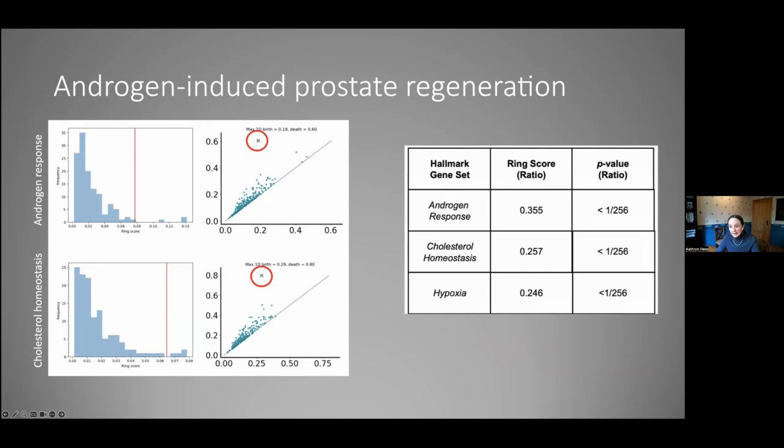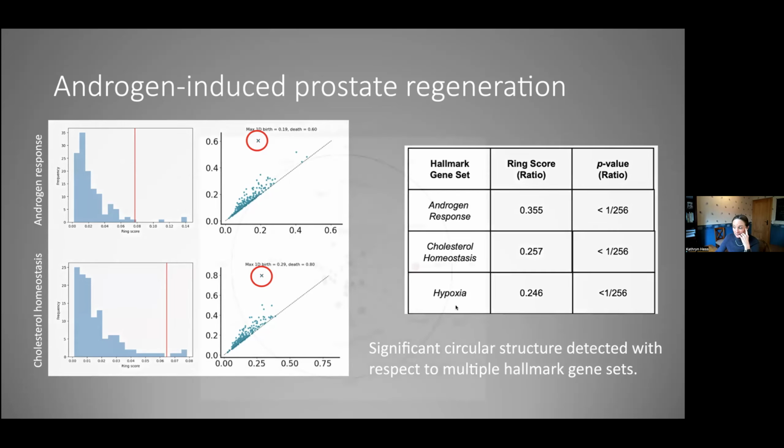And indeed, the p-values of the ring scores are very low. So we really do have significant circular structure coming up here, which is not surprising. We have an actual cyclic process. But this is detected with respect to multiple hallmark data sets, not just these. This is just an illustration of what we got.